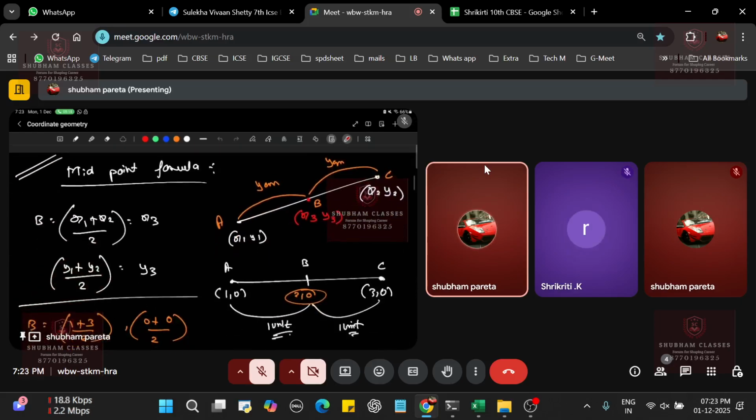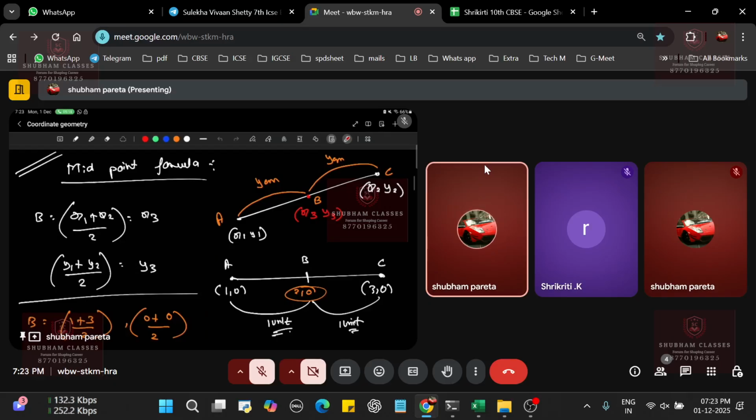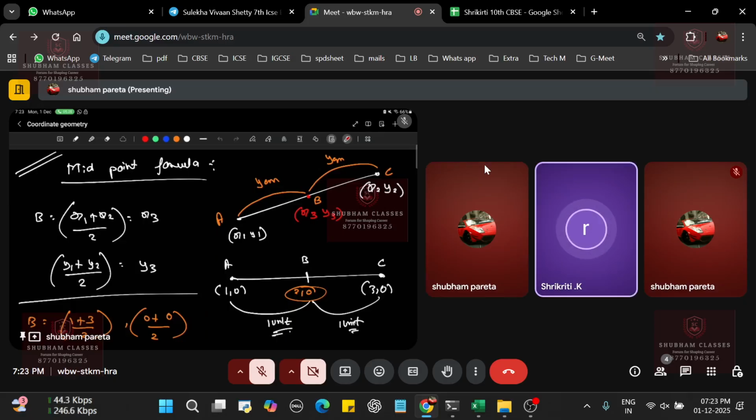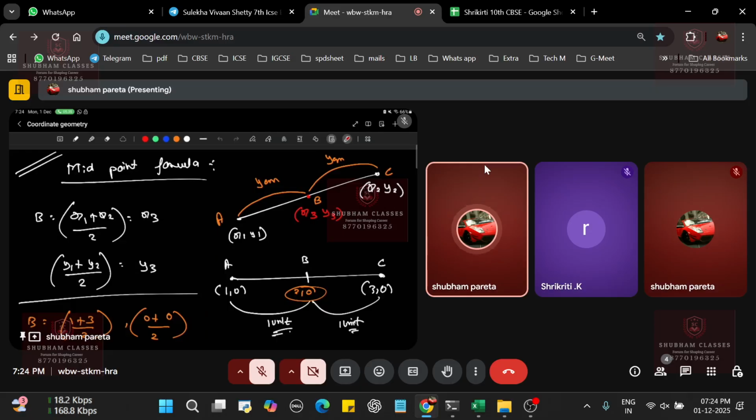Now you just tell me, in your syllabus, midpoint formula, distance formula, section formula. These three formulas are there or not? We have the distance formula and the section formula. Distance formula, section formula, and what else?